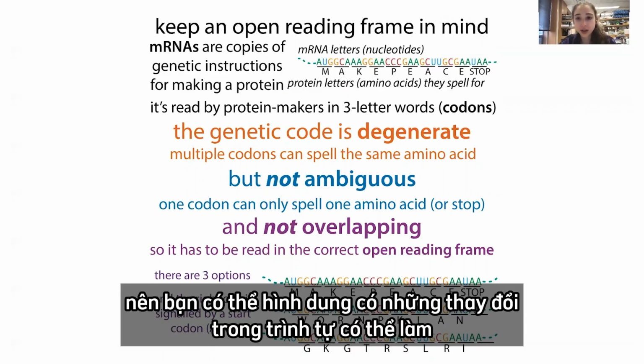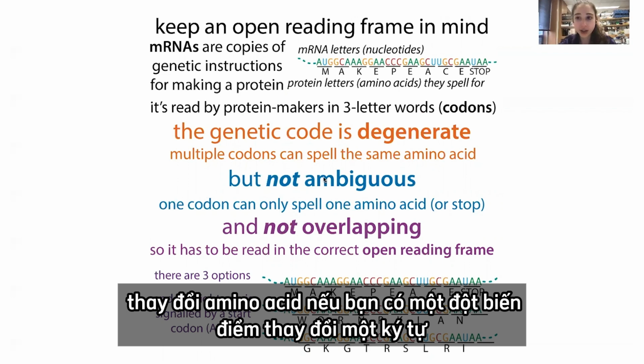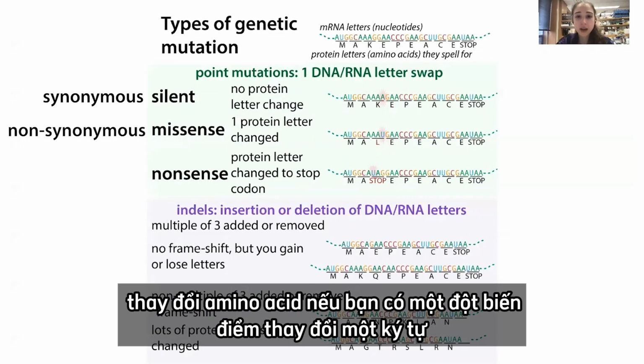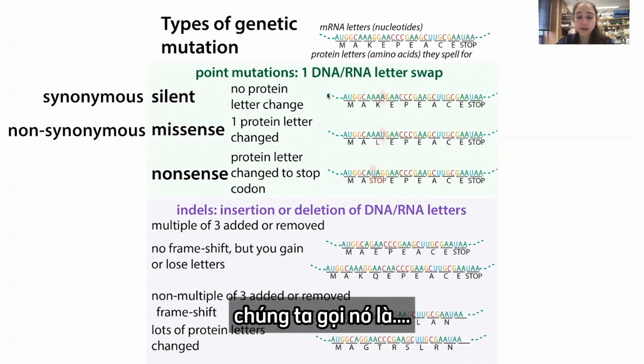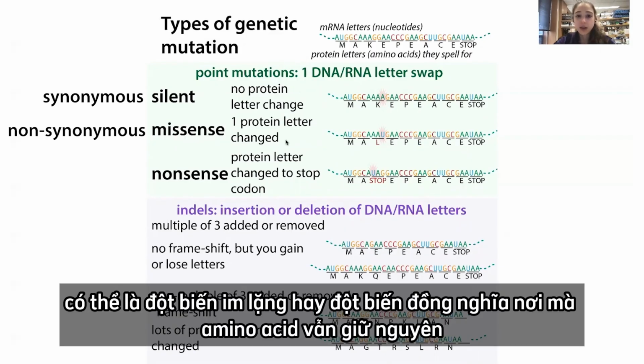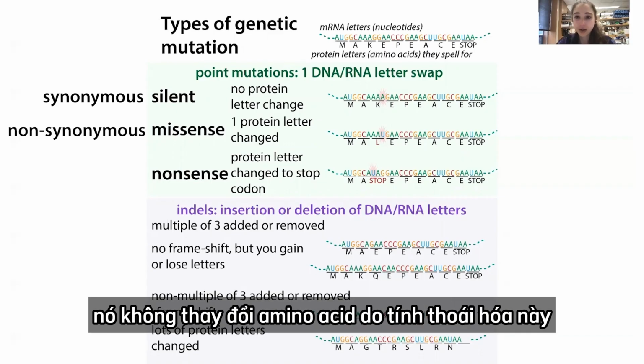So you can imagine that there are changes you can make to the sequence that would change the amino acids. If you have a point mutation that changes a single letter, it can either be silent or synonymous, where it changes to the same amino acid, so it doesn't change the amino acid you make because of that degeneracy.